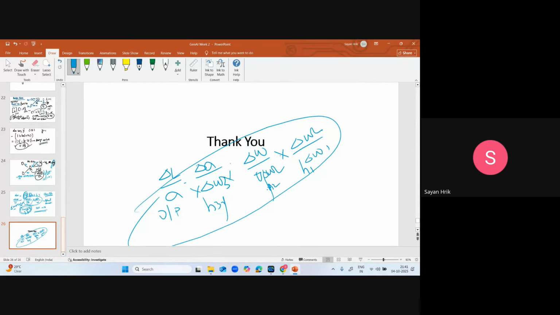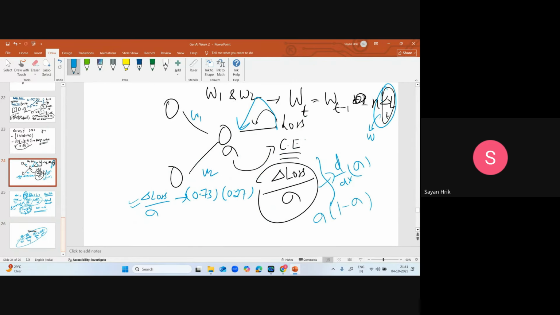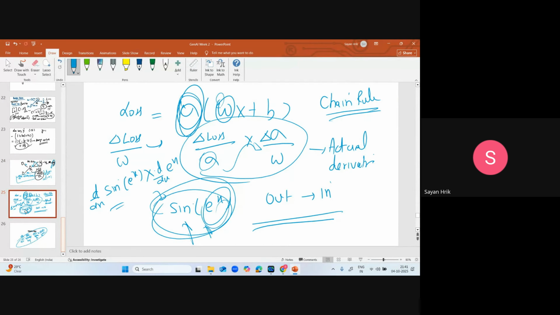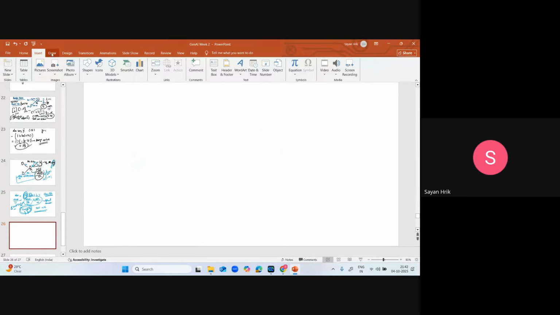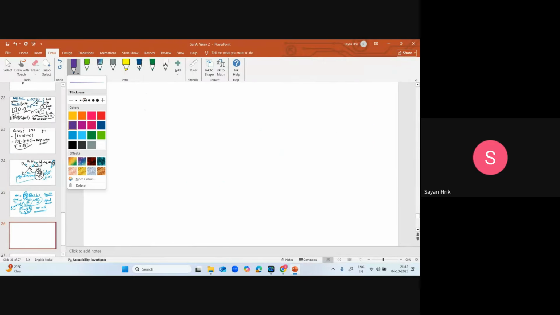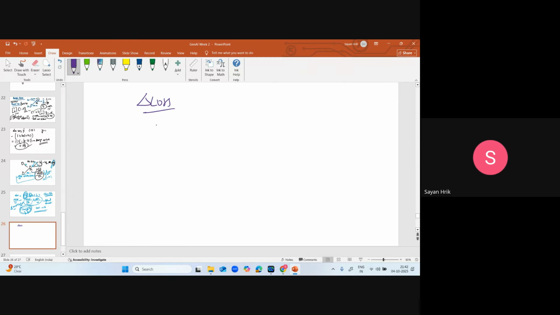So basically, now that we have computed a loss function, this loss we computed, the loss with respect to sigmoid. First, what we did was we computed the loss derivative with respect to sigmoid, and that we basically got as 0.73 into 0.27.